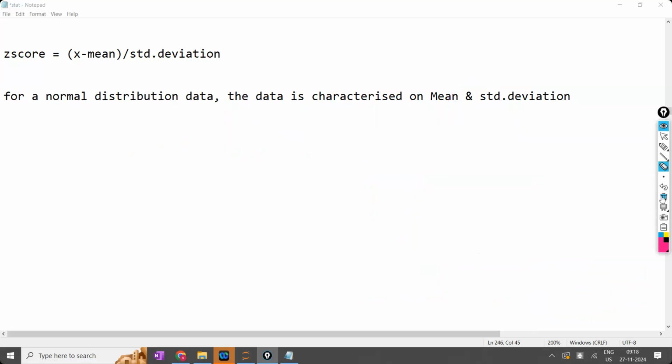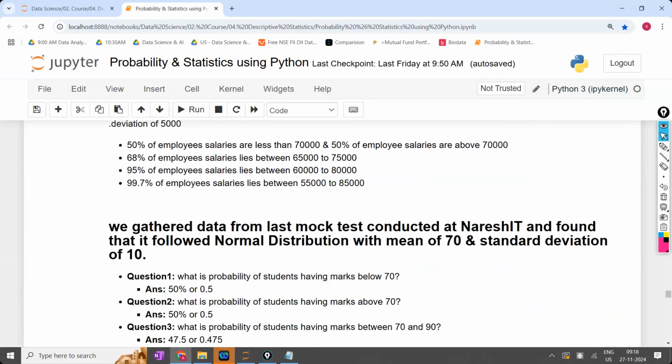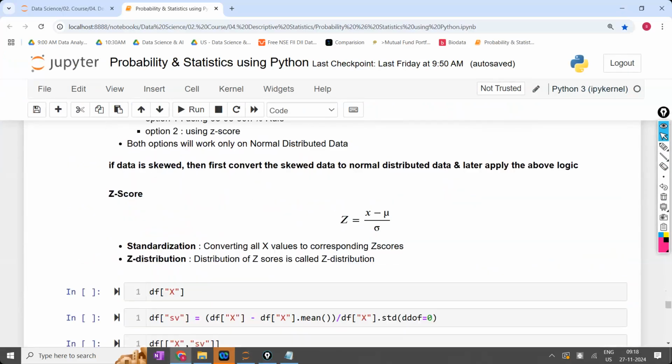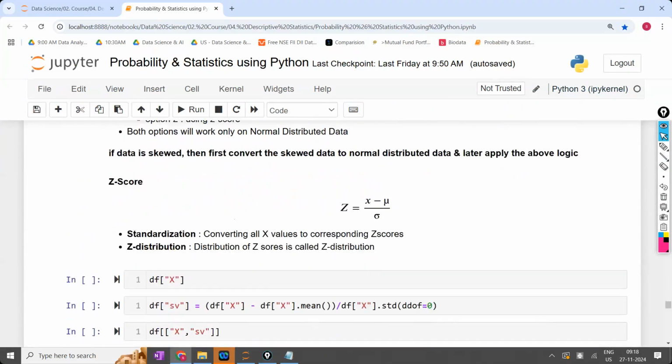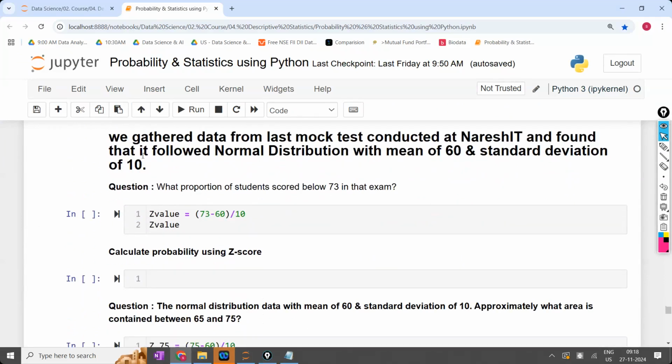Now, let's take an example. Here I'm going to have the example. We have gathered the data from the last mock test at Naresh IT and found it to be a normal distribution with a mean of 60 and a standard deviation of 10.